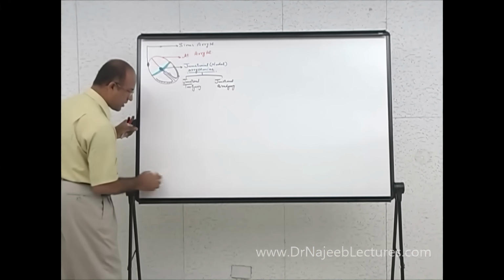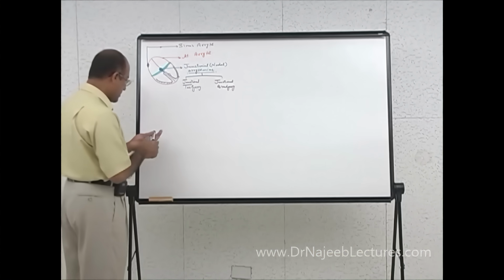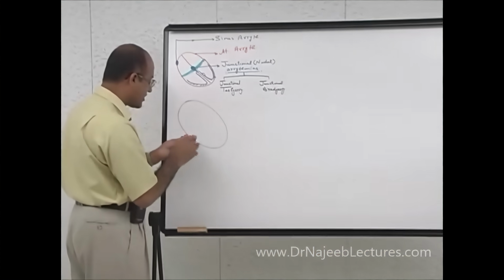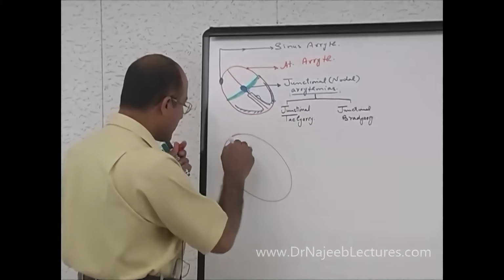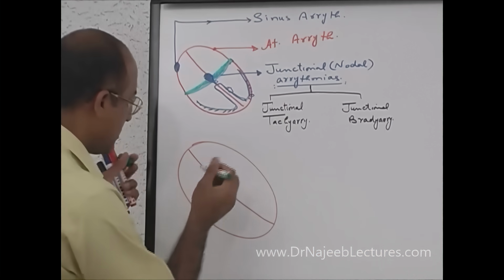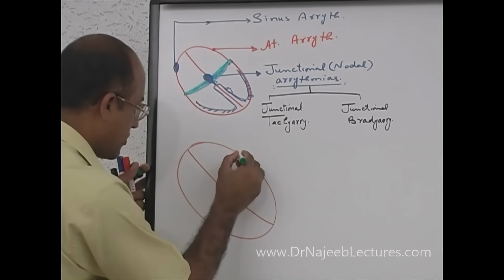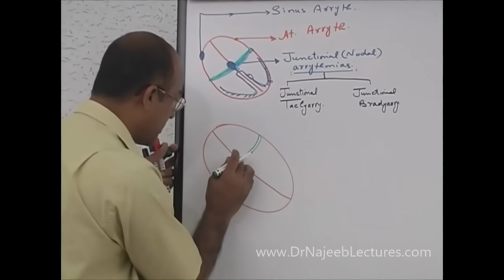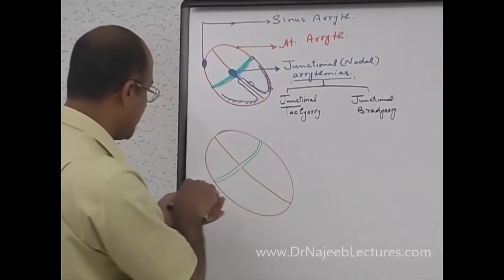I will just repeat a little bit. Vectorial analysis means that electromagnetic forces in the heart, which are produced due to electrical current, are presented as vectors.